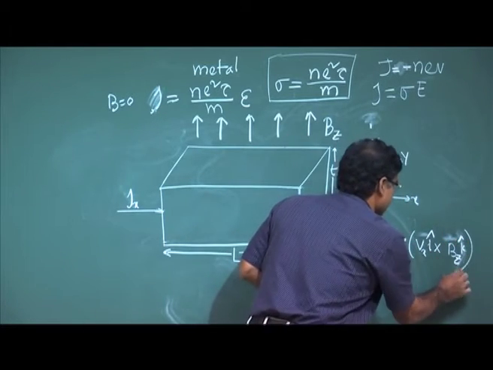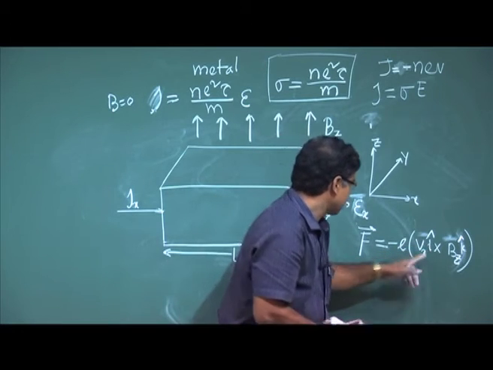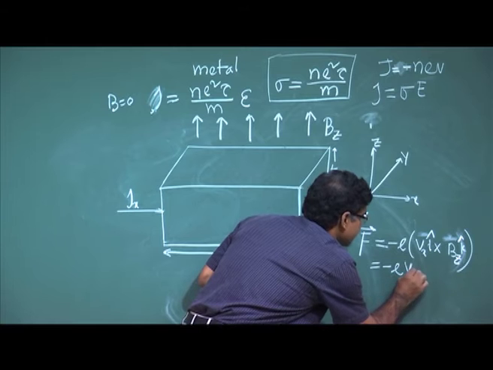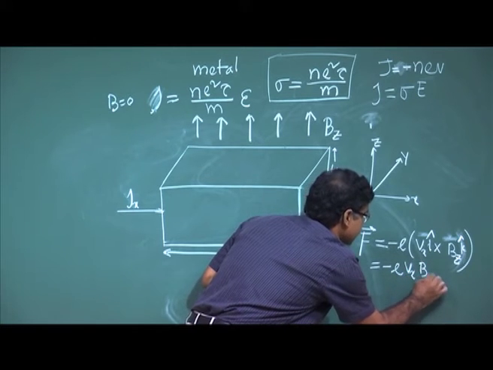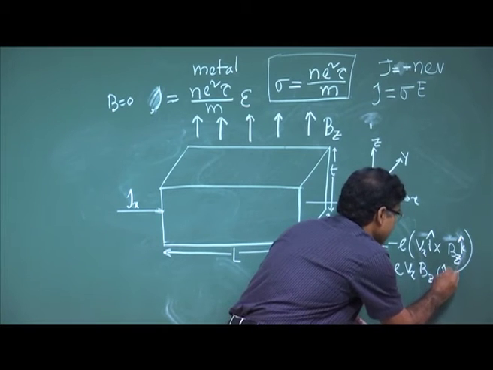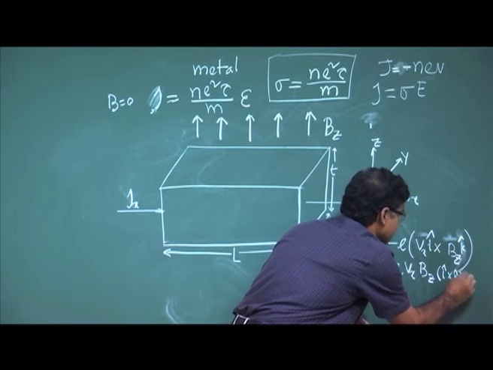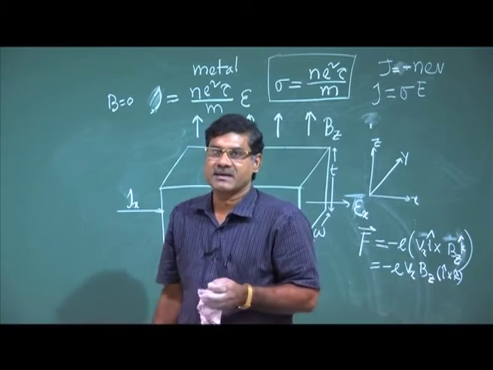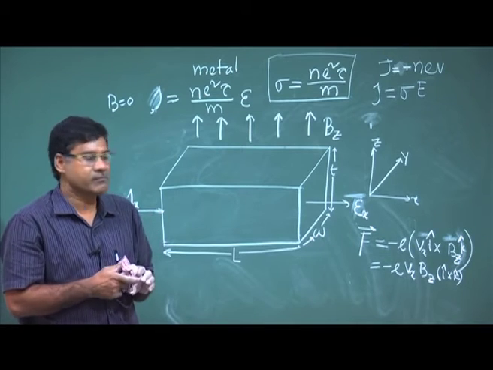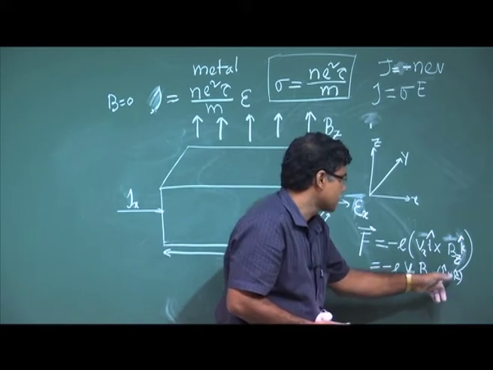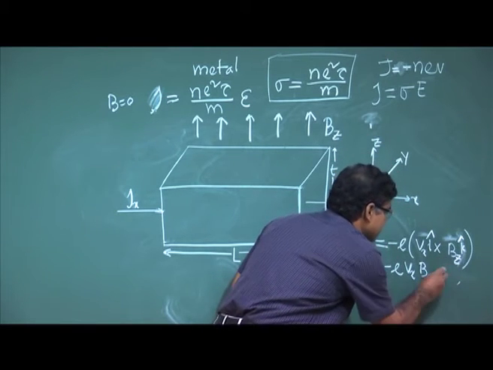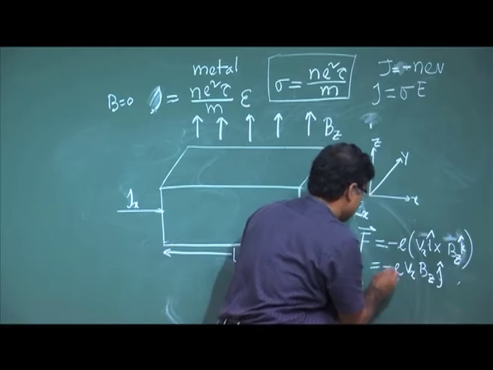Now here you are getting minus e V_x B_z into i cross k. So, i cross k is basically minus j, because k cross i equals j. So i cross k will be minus j.